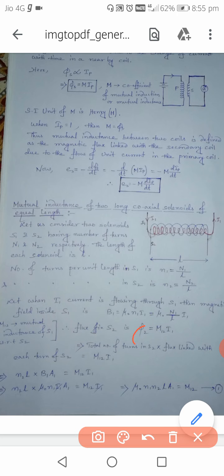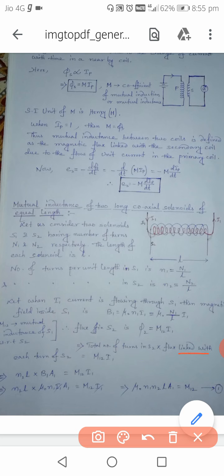The right-hand side remains the same. The total number of turns in S2 is N2, so this L gets multiplied with n2 to give capital N2, and the total number of turns is n2 L. Then this part is done.